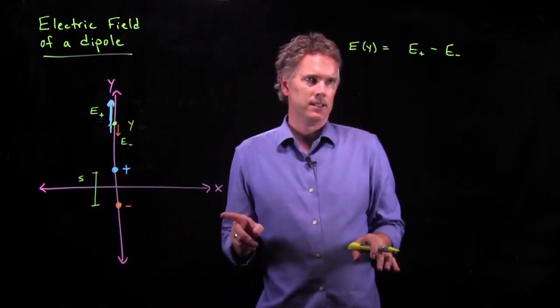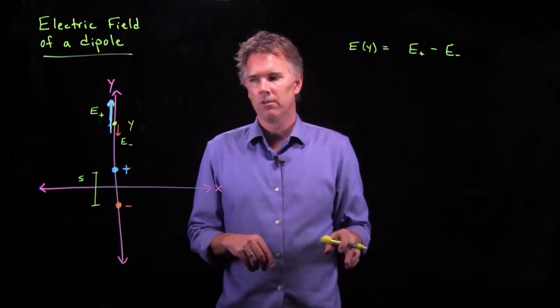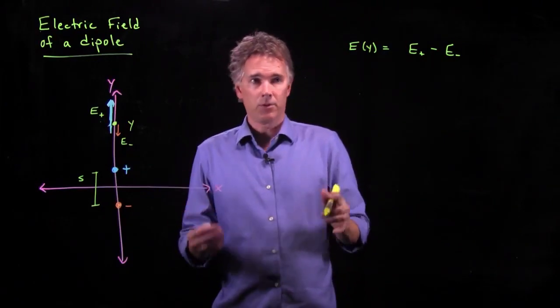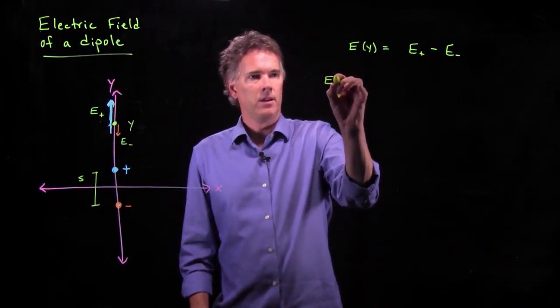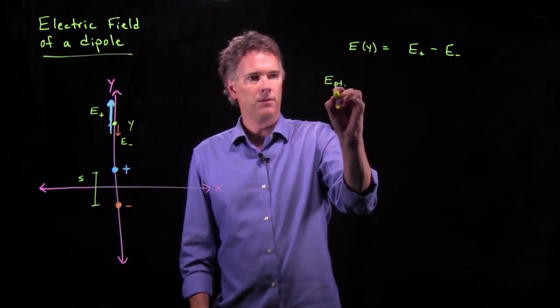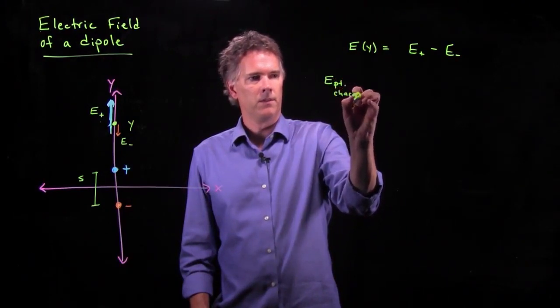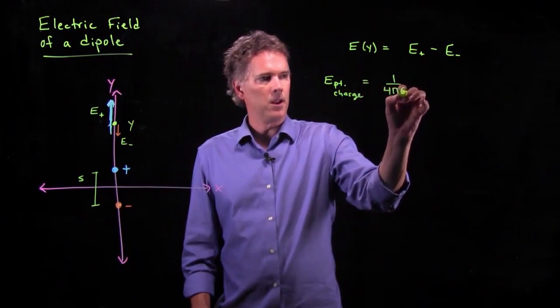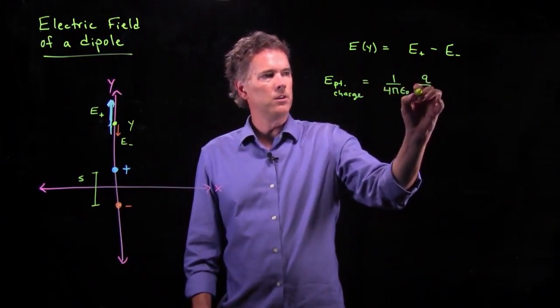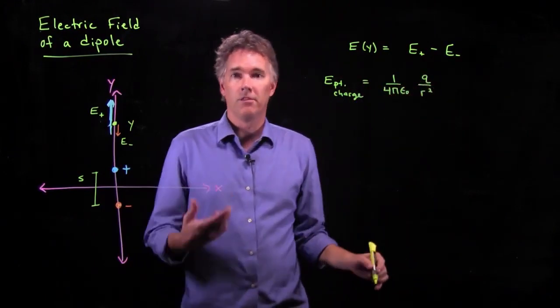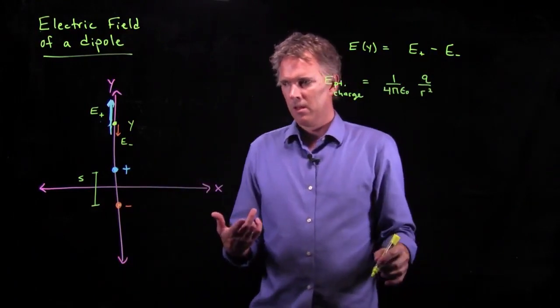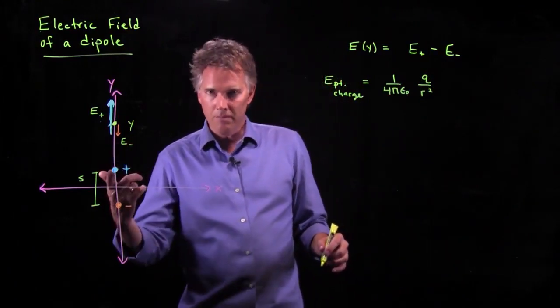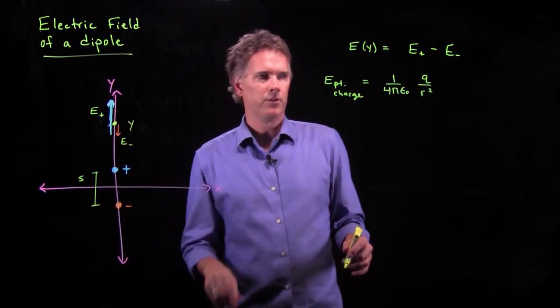All right, how do we calculate each of those? Well, we know that the electric field of a point charge is this, 1 over 4 pi epsilon naught q divided by r squared. This is the magnitude of it. R is the distance from the point charge to the point of interest.